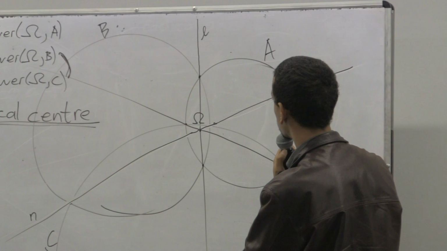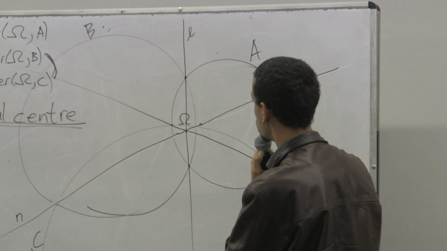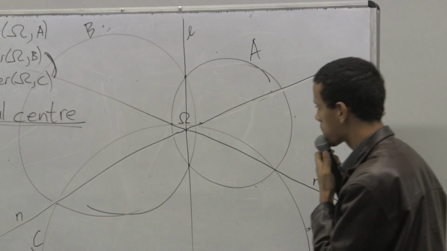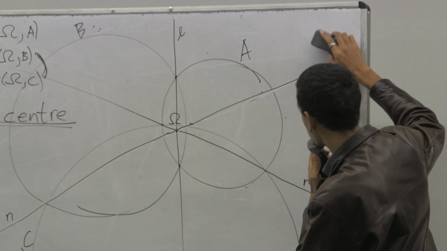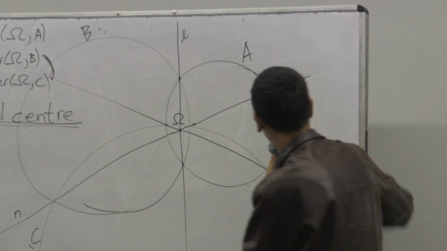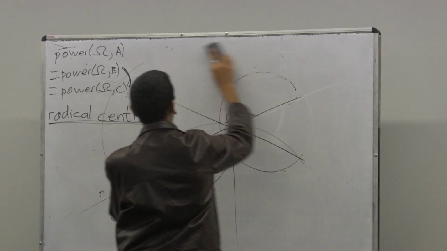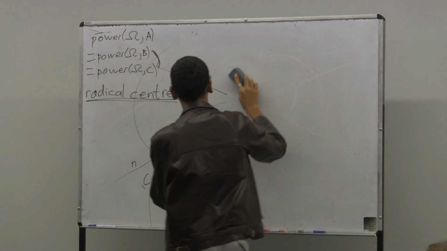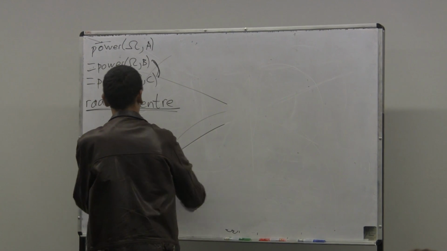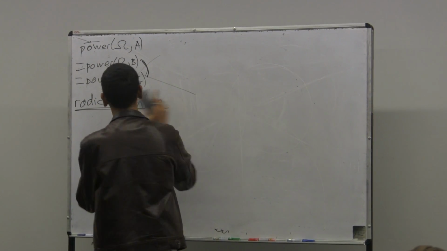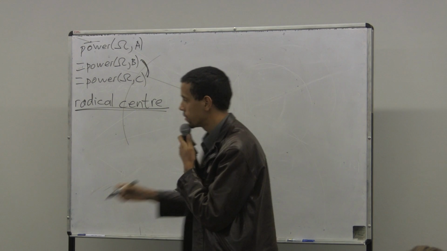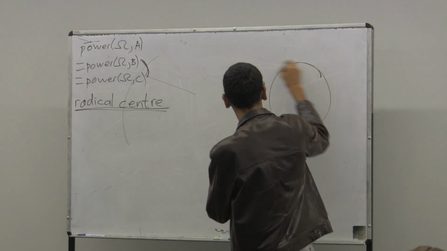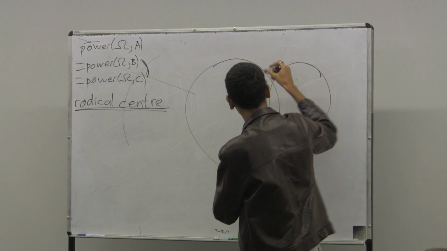Now, let's see what happens when your circles don't intersect. Ooh, by the way, before I do that, you've got two circles, and let's say they intersect.